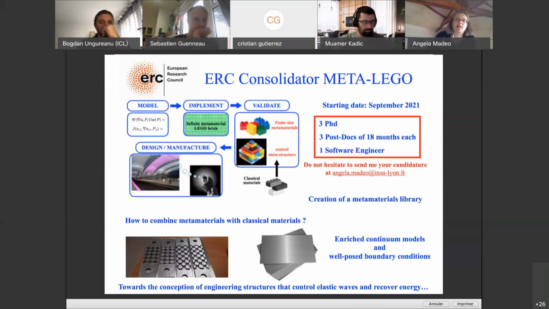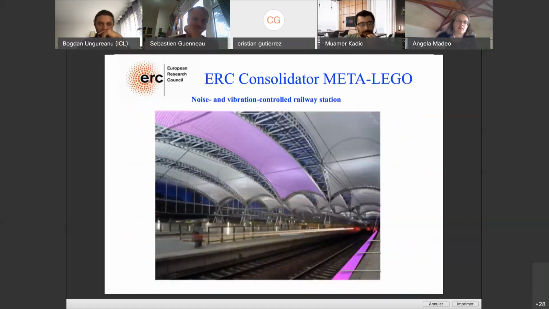We can combine these metamaterials to more classical materials, or also different metamaterials among them. So the idea is to open the way to engineering design of structures using in the conception phase such metamaterials.